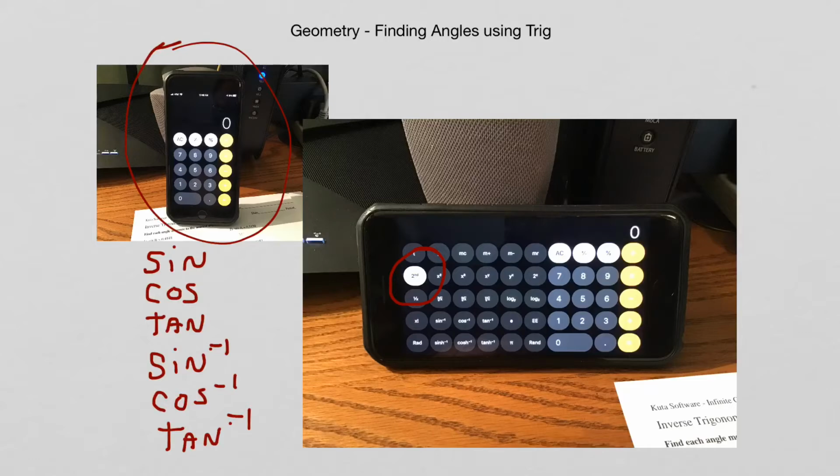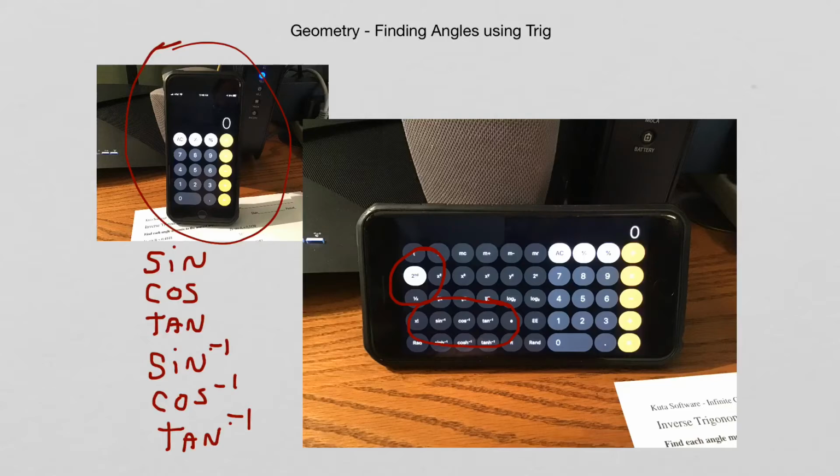The second level is what we're going to use today: sine with exponent -1, cosine exponent -1, and tangent with exponent -1. These are called arcsine, arc cosine, and arc tangent, or some people call them inverse sine, inverse cosine, inverse tangent.